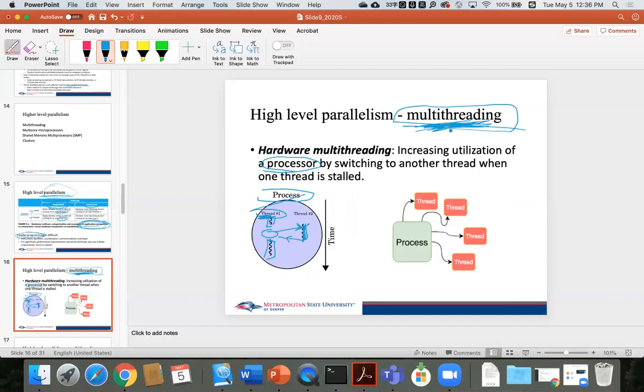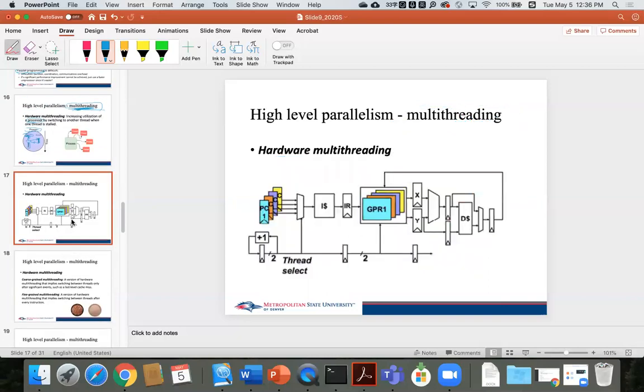However, it's still a relatively lower layer compared with the application, compared with multi-core, compared with multi-processor. So this is how the hardware could look.